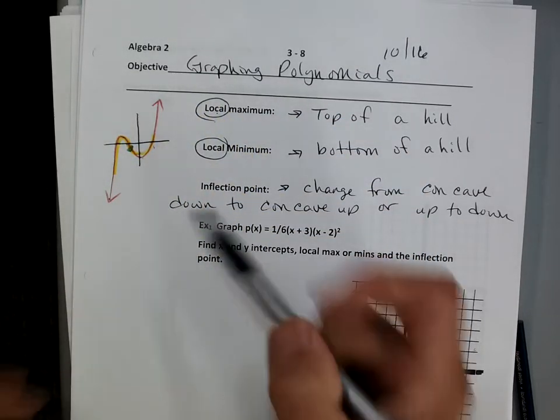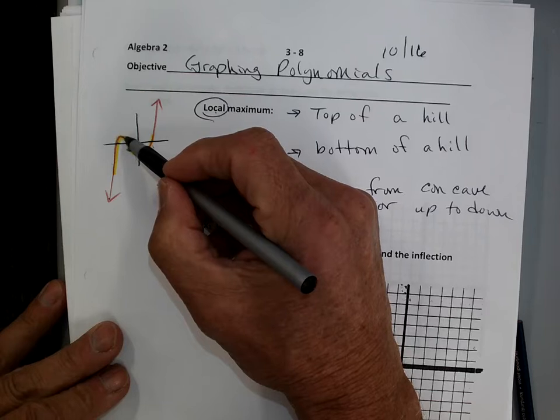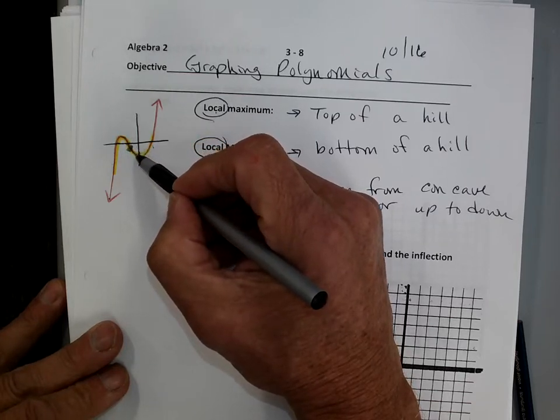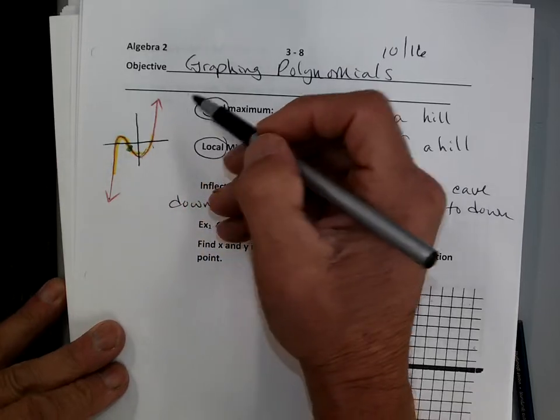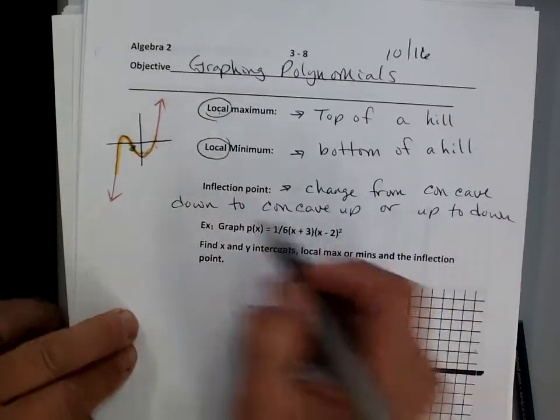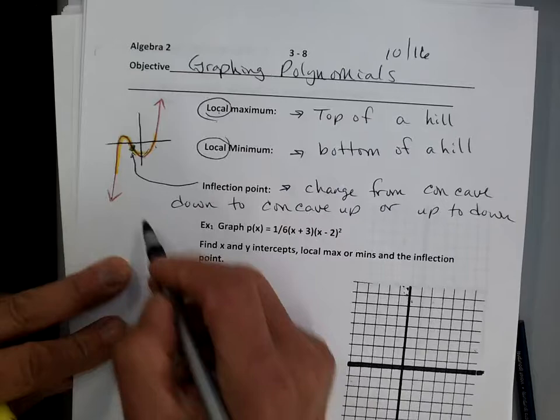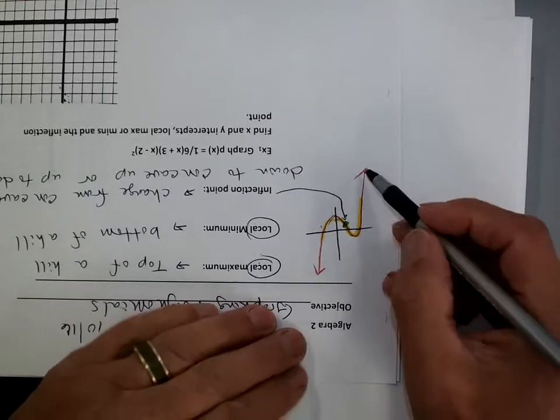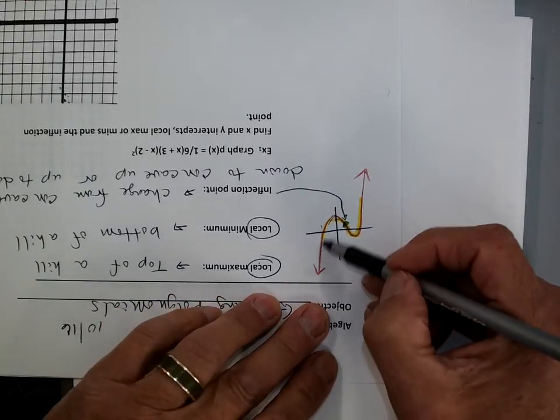You're going up and up and up, you start to accelerate, you go whee, and then right about here, you start to go back up, you start to whoop up again, okay? So that's my inflection point, concave down to concave up, or if my graph were upside down, you can say concave up to concave down, okay? That's my inflection point, okay?